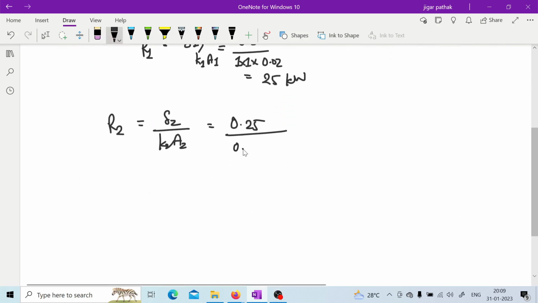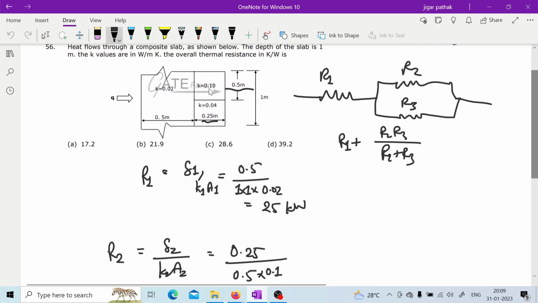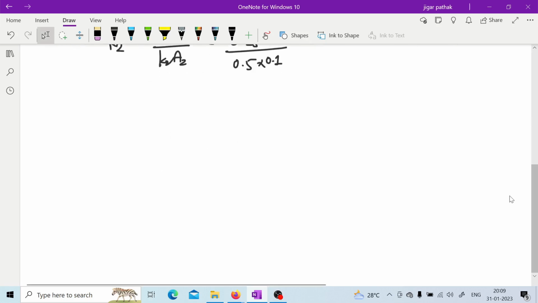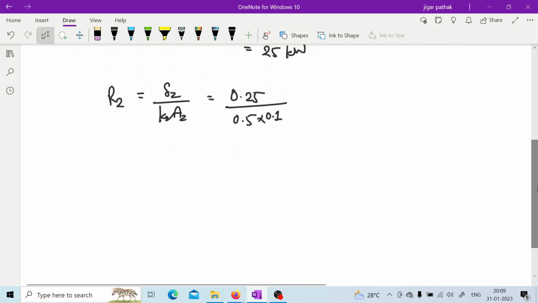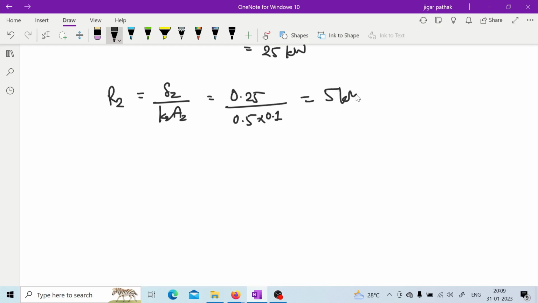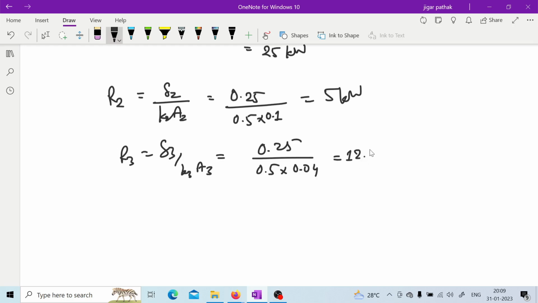K2 is given as 0.1, and K3 is 0.04. So R2 is 5 kilowatt. Yes or no? Yes, sir. Similarly, delta 3 by K3 A3 will give you 12.5 kilowatt.